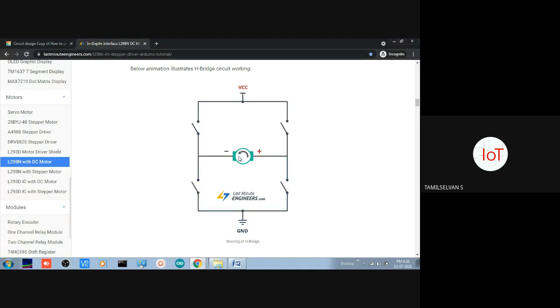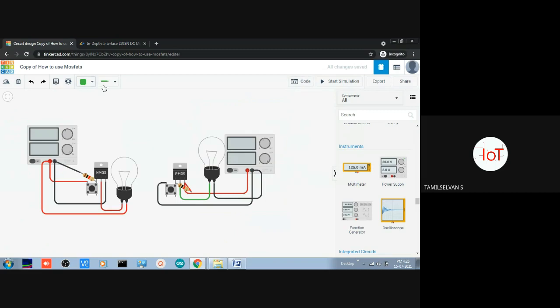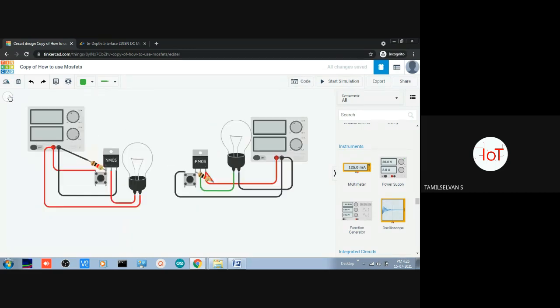So you need to rotate a single motor in both directions, clockwise and anti-clockwise. For this, we have to energize that particular motor with two different polarities. For example, if you take a motor in this particular category, I'll show you what it will do actually.